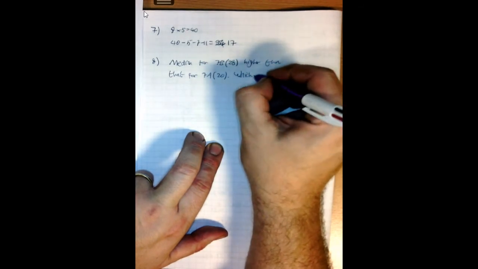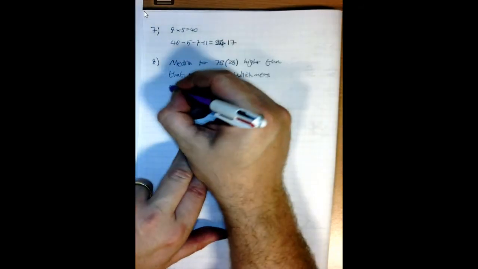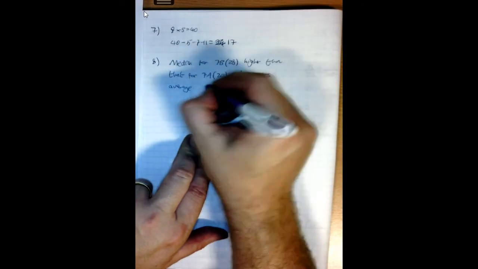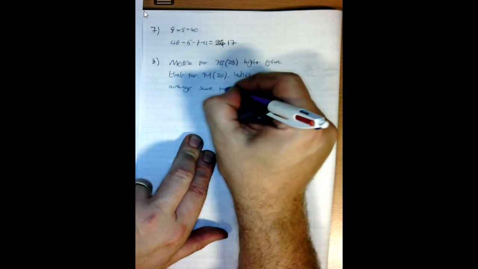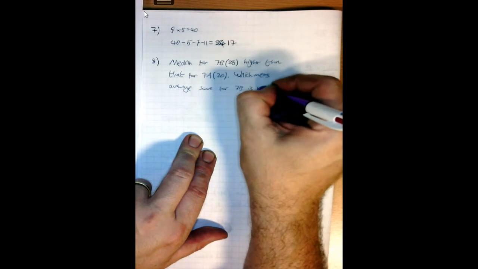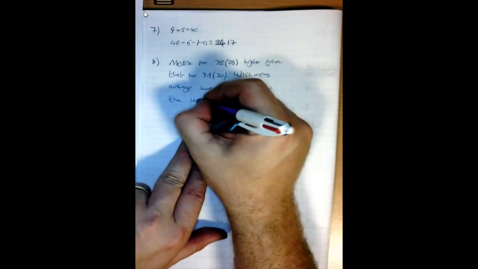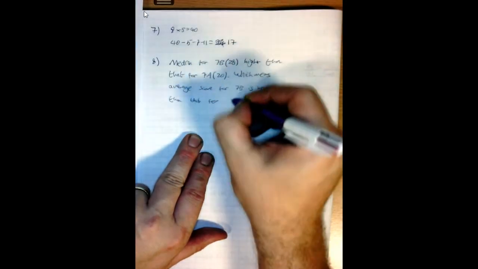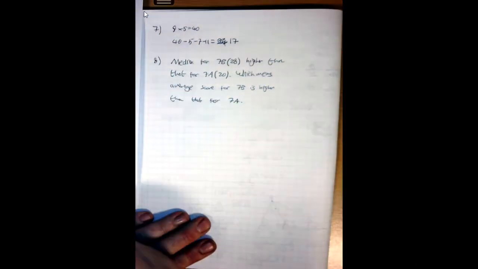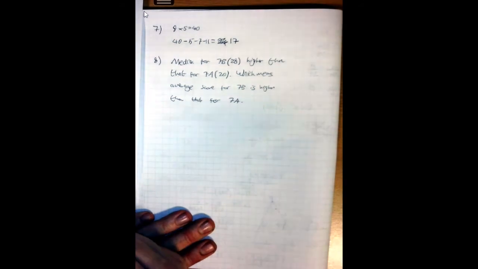And we have to say what that means. Which means the average score for 7b is higher than that for 7a.